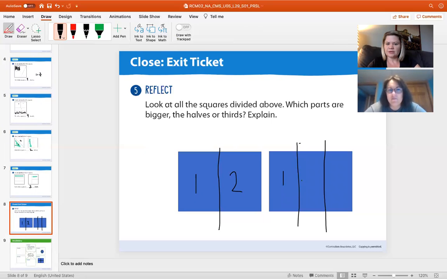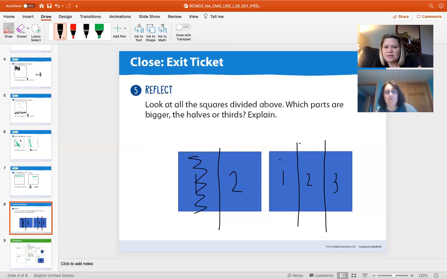Right? 1, 2, 3. So now when you see this, ask yourself, which parts are bigger? Is this whole part right here bigger or smaller than this whole part over here? What do you think? And I think that the halves are bigger. So I would say the halves are bigger than the thirds.